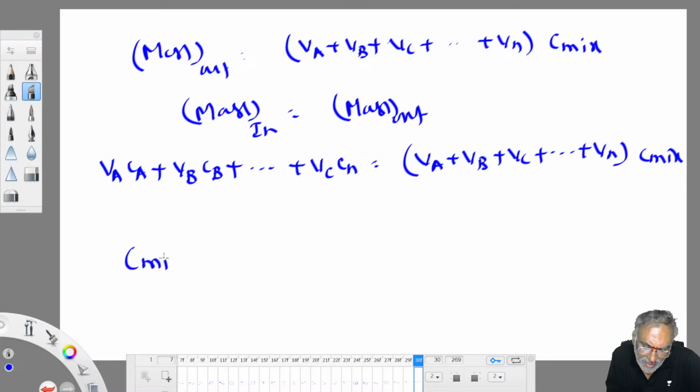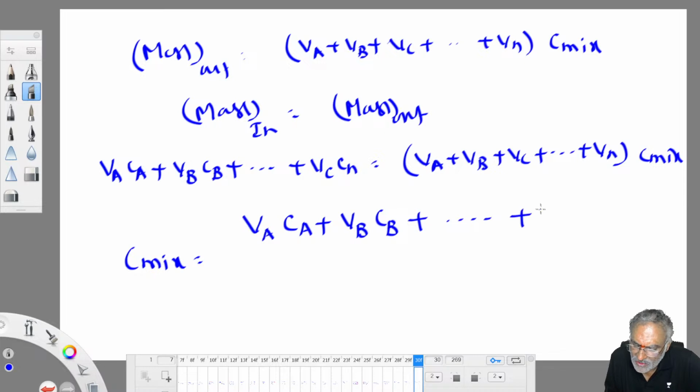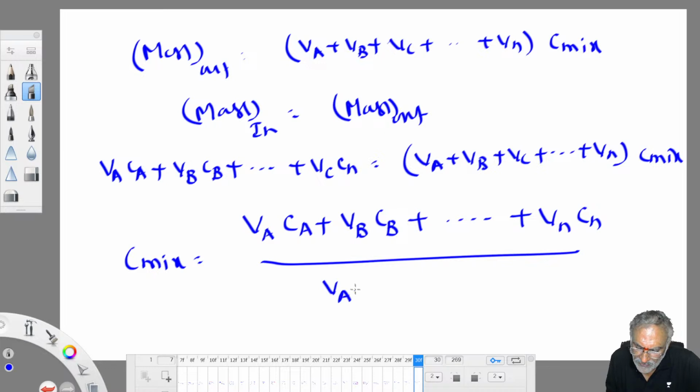Therefore C mix is equal to the generalized expression: VA into CA plus VB into CB, and so on, it can contain any number of solutions, VN into CN, by VA plus VB plus dot dot dot VN. This is the mix formula.